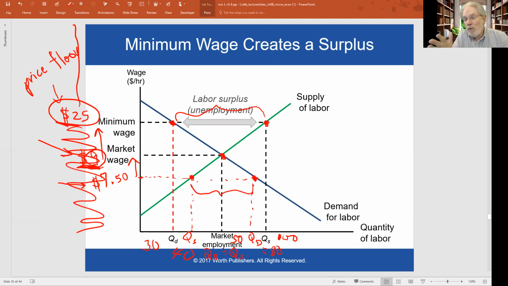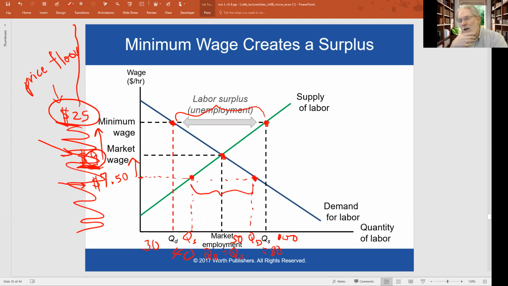If the minimum wage law guaranteed that everybody would be paid a certain amount, then, hey, let's have a minimum wage of $1,000 an hour. That would be great. If it guaranteed that everybody would get a job and would be paid that, then we'd all be rich. But the minimum wage law doesn't guarantee that you're going to get a job.